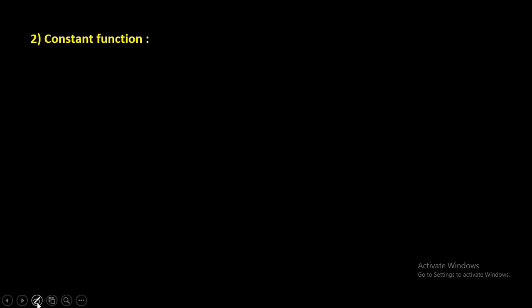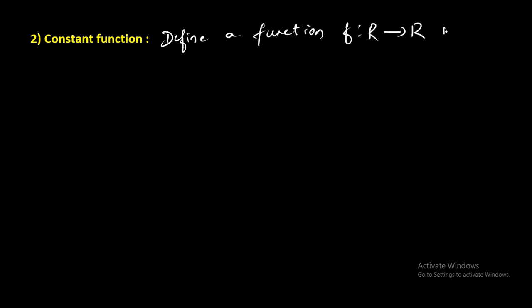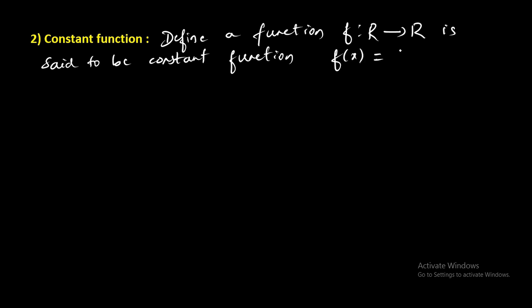The definition of constant function first, then the graph, then domain and range. Again I take the same type of definition. Define a function f from where to where? It will be fixed. A function f from real numbers to real numbers is said to be a constant function if f of x is equal to c, where c is a constant, for every x belongs to the set of real numbers.